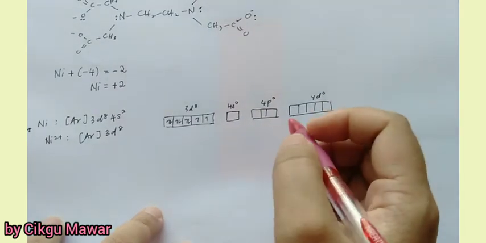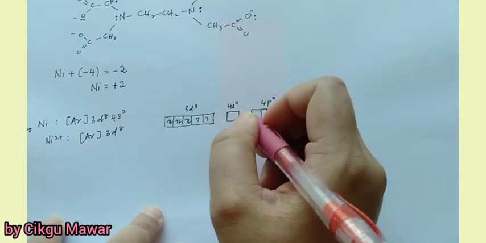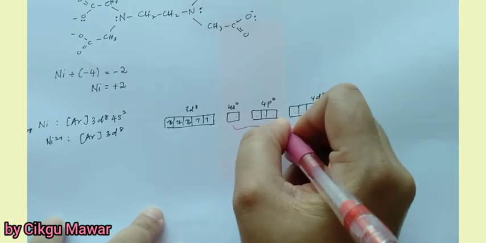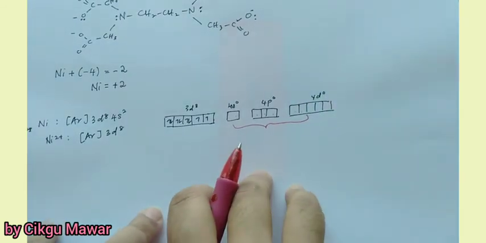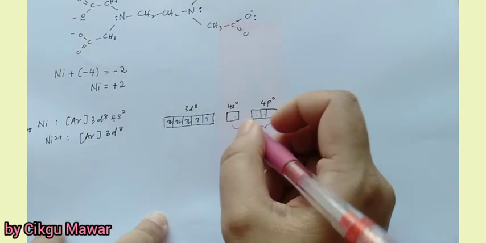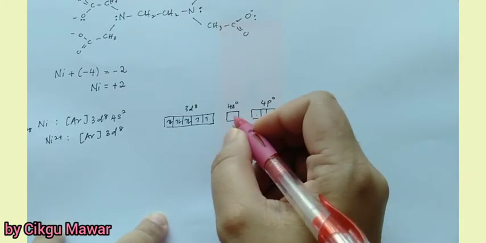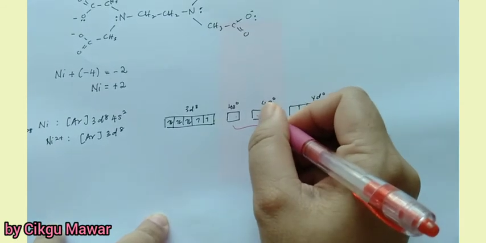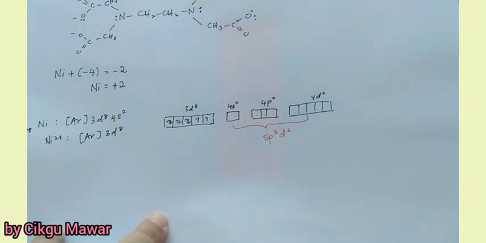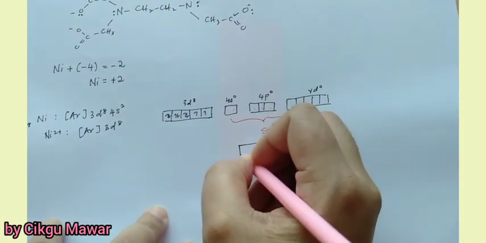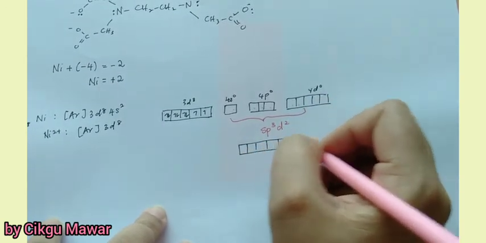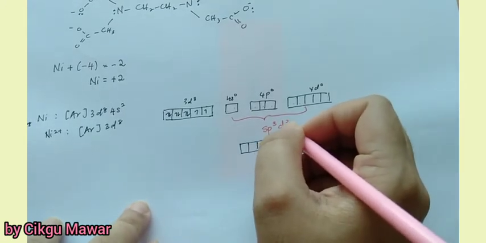So the ligand provides 6 lone pairs from EDTA, and we use 6 empty orbitals from the nickel ion to accommodate them to form dative bonds. What kind of hybrid orbital forms here? s, p, 1, 2, 3, sp3 and d2. So sp3d2 hybrid orbitals will accommodate 1, 2, 3, 4, 5 and 6.